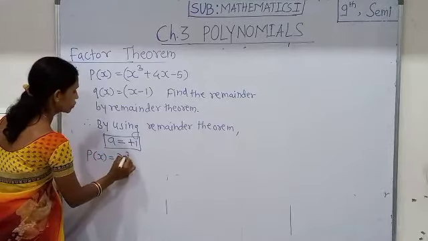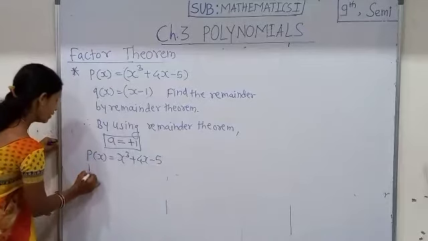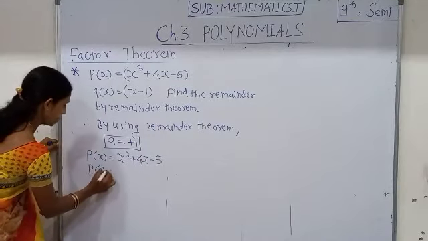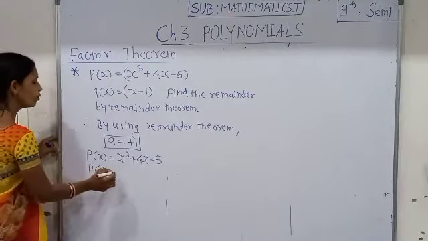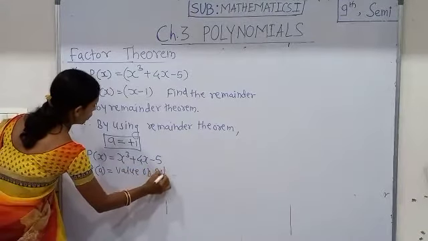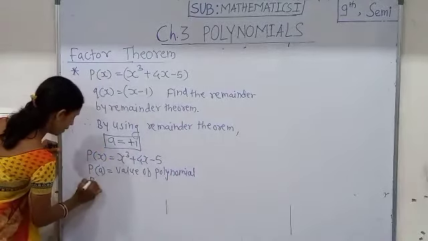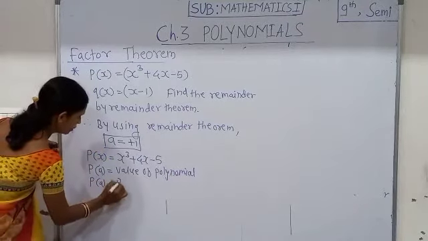Therefore, here p(x) is x cube plus 4x minus 5, and p(a) is the value of the polynomial, as well as p(a) is the remainder.